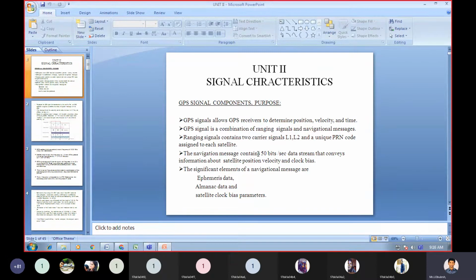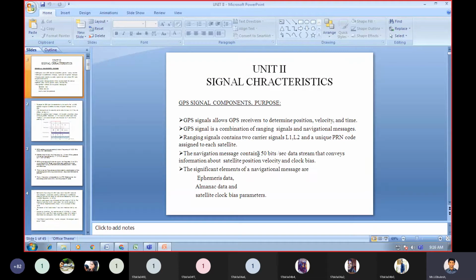These are the three major parameters we are going to determine from the GPS signal. And the receiver will allow only GPS signals. Why? Because it is a GPS receiver only.